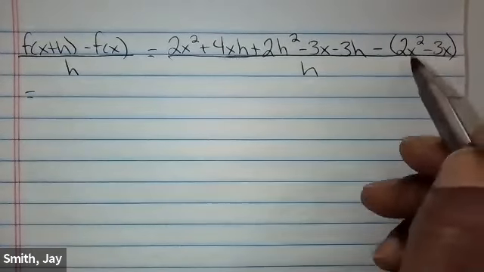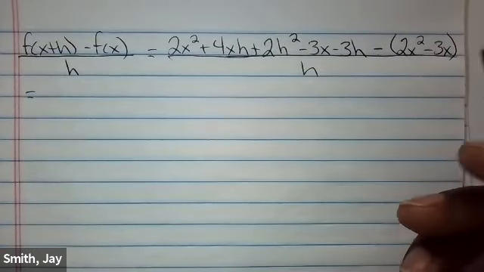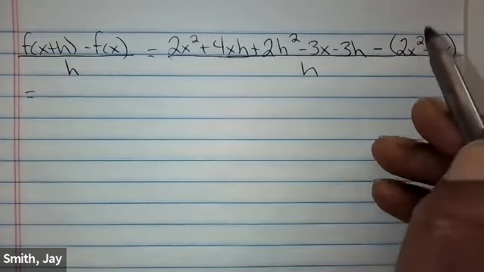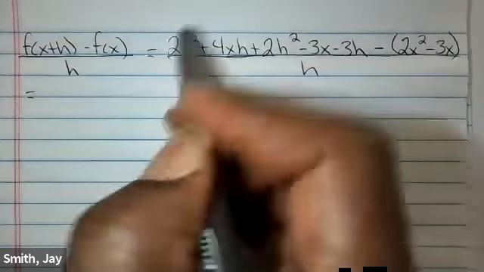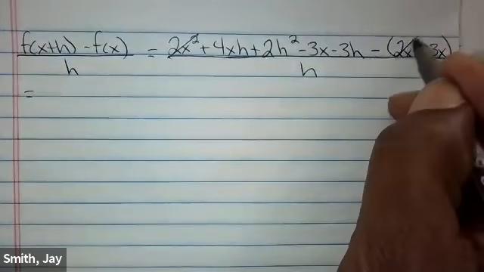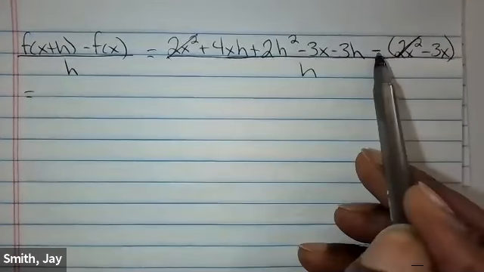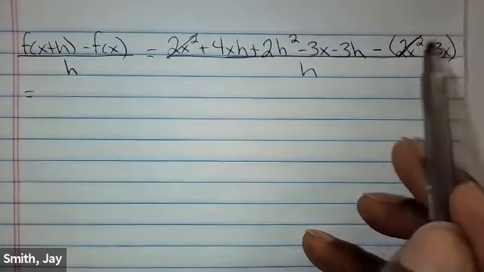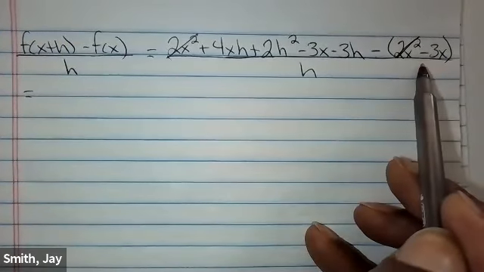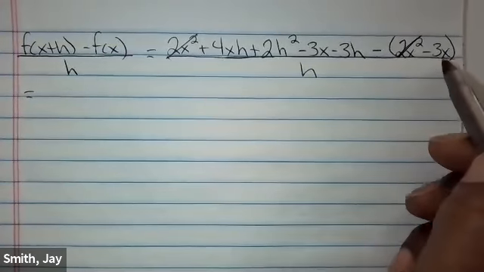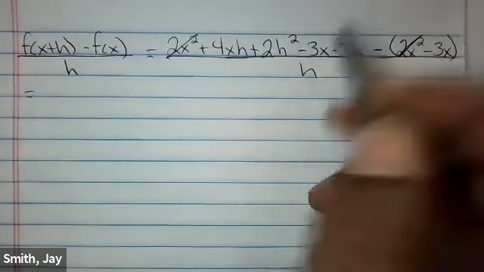If we're doing this correctly, everything in f of x should cancel out. So essentially we have a negative 2x squared here and a positive 2x squared here. Those will cancel. We have a negative 3x and we're subtracting another negative 3x. Or if we subtract a negative 3x, that's essentially adding. So you can think of it like this. We have a positive 3x here, a negative 3x here.